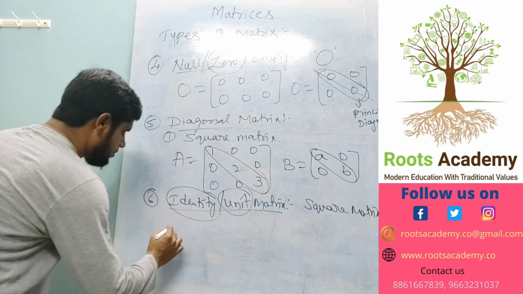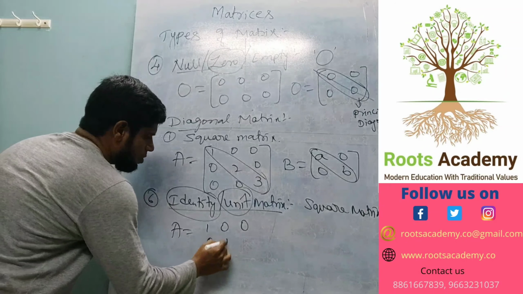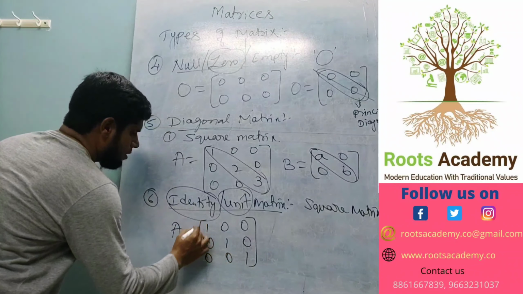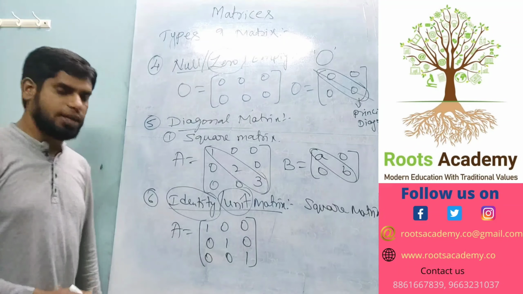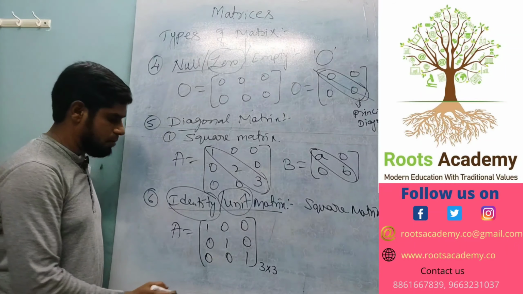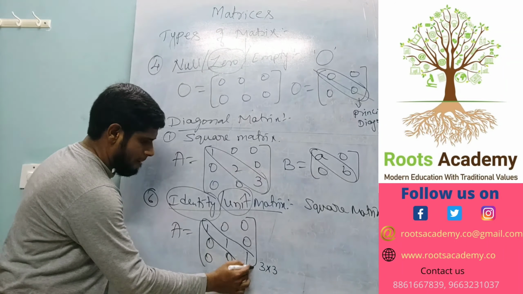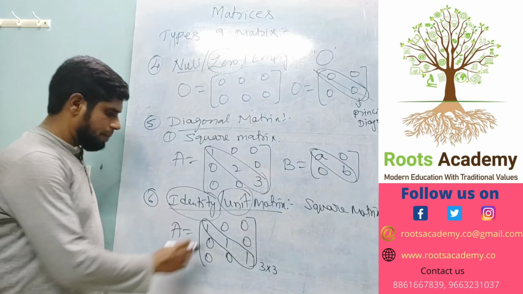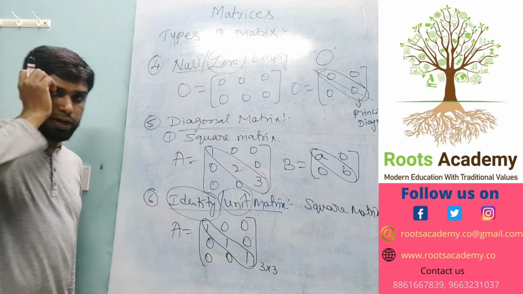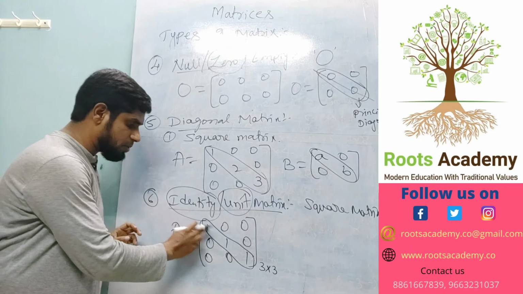Example: 1 0 0, 0 1 0, 0 0 1. Here I have taken a 3 cross 3 matrix, its order is 3 cross 3, 3 rows and 3 columns. In this, the principal diagonal elements are 1, not just the same, it must be 1 only.